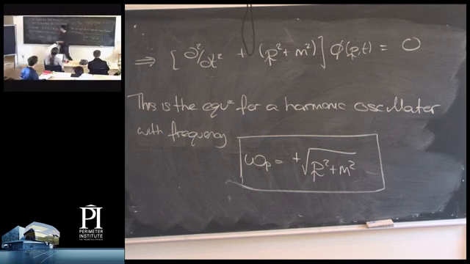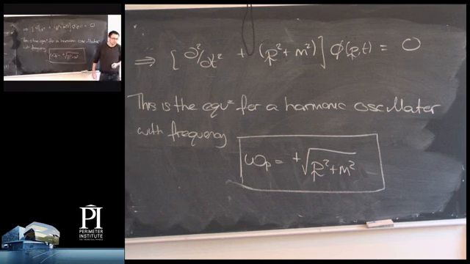And then to find the most general solution to phi of x, you just add them all together with arbitrary amplitudes, whatever amplitude you like, and integrate to do the inverse Fourier transform. Why do we not consider the negative? This is my definition of omega p. What sits in here is omega p squared. So I'm just defining omega p to be the positive square root. It'll be useful.